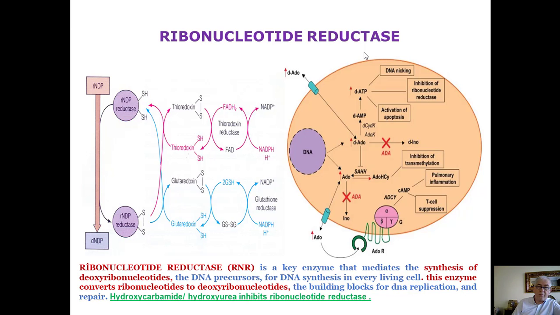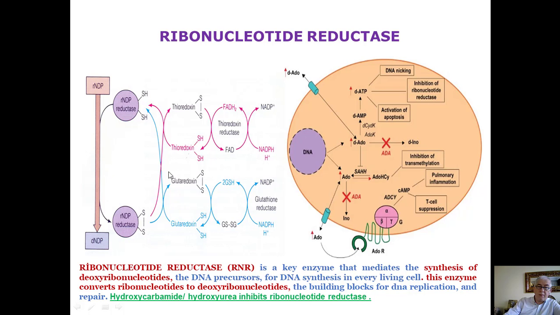For this aim we need other molecules such as thioredoxin, FADH and NADPH, or glutathione reductase, reduced glutathione, and glutaredoxin and NADPH.